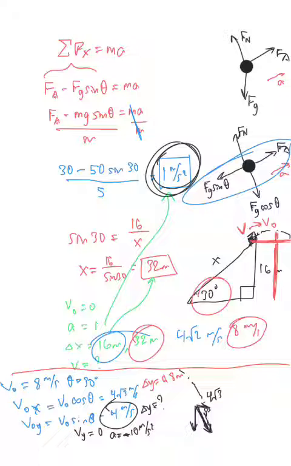But what you should find is that it's easiest if you take the highest point as your initial velocity. You could take the initial velocity right here where the block first left the ramp, but if you take this highest point as your initial velocity, in the vertical direction, the initial velocity is 0. So by taking an initial velocity equal to 0 and a delta y of, now from the highest point to get down to the ground, it's got to go a total distance of 16.8 meters.